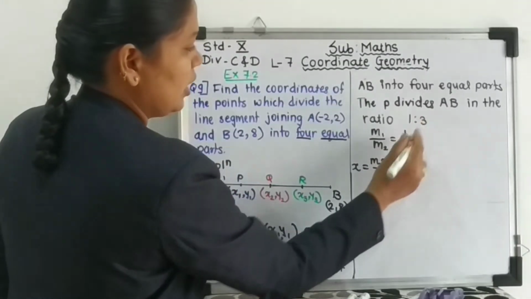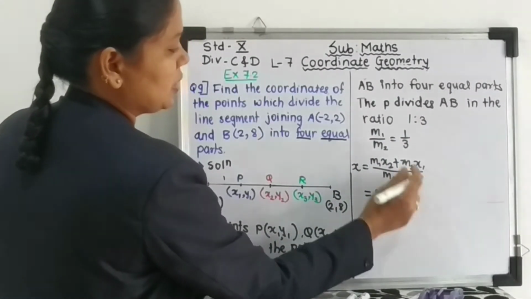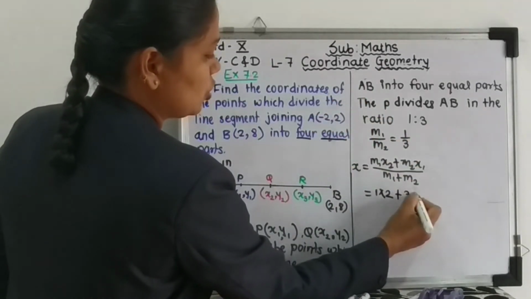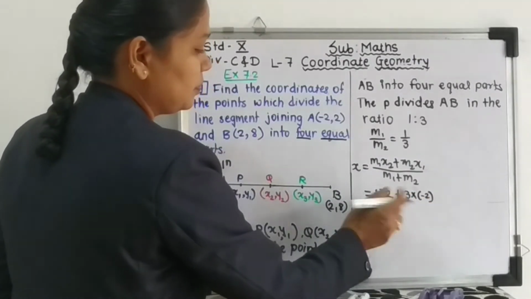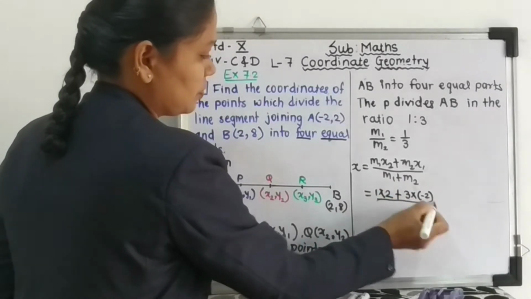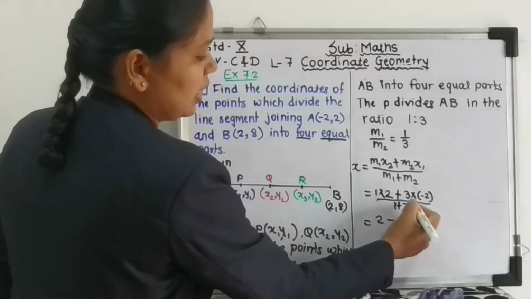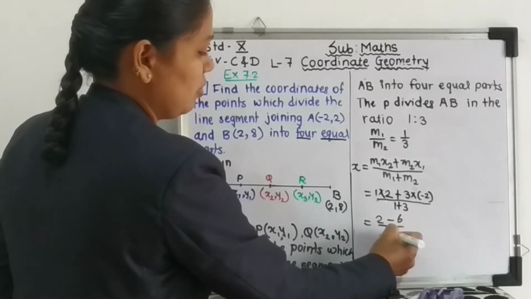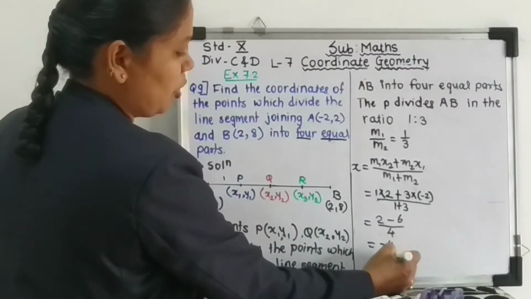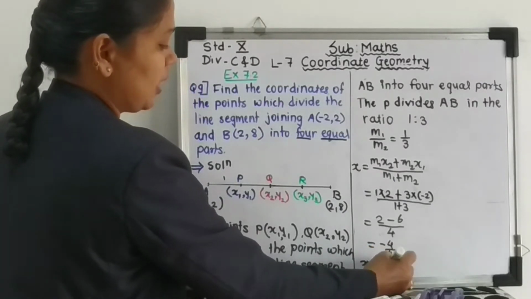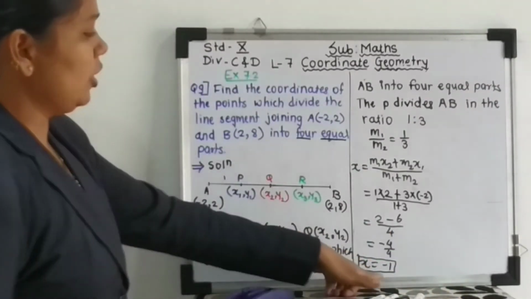So m1 is 1, multiplied with x2 which is 2, plus m2 is 3 multiplied with x1 which is -2, upon m1 plus m2, that is 1 plus 3. So 2 ones are 2, then 3 twos are -6, upon 4. So -6 and 2 gives -4 upon 4. So X is equal to -1. So the X coordinate we got is -1.